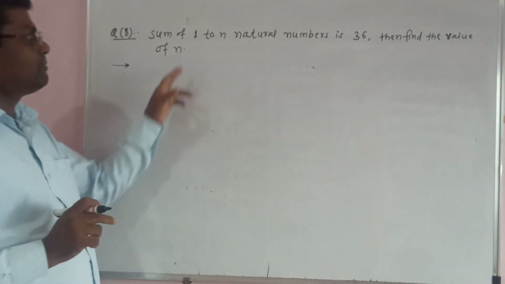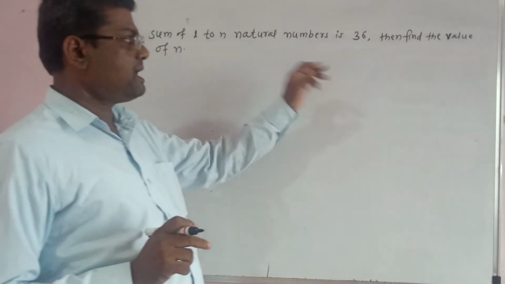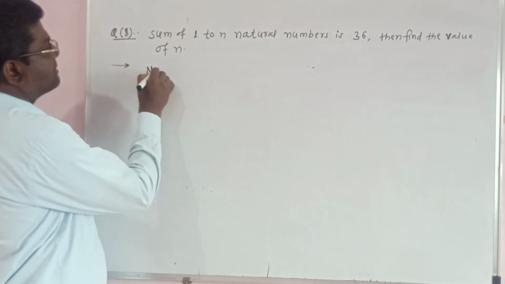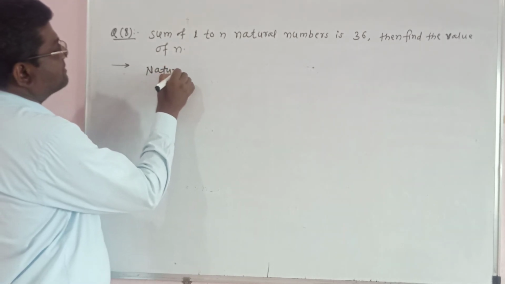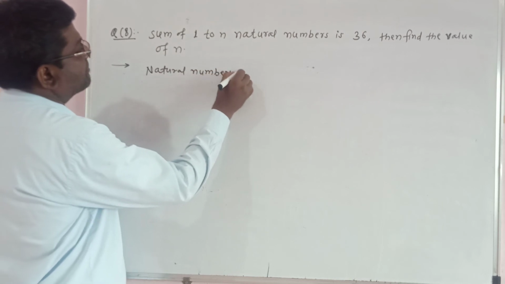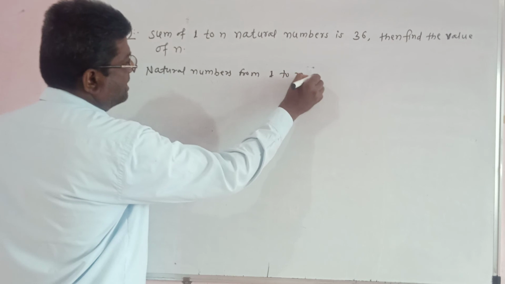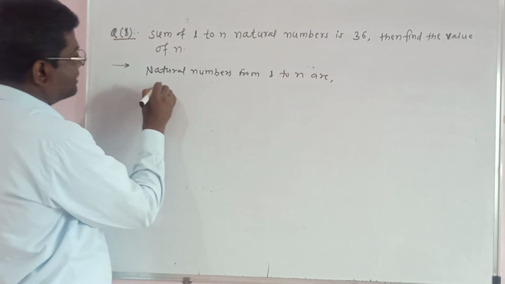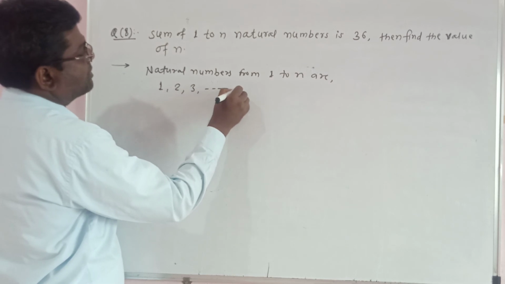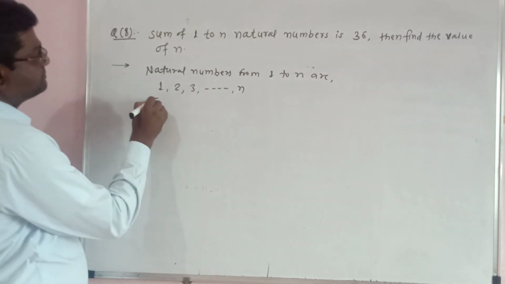Question number 8. The sum of 1 to n natural numbers is 36. Then find the value of n. So we know that the natural numbers from 1 to n are 1, 2, 3, and so on up to n.